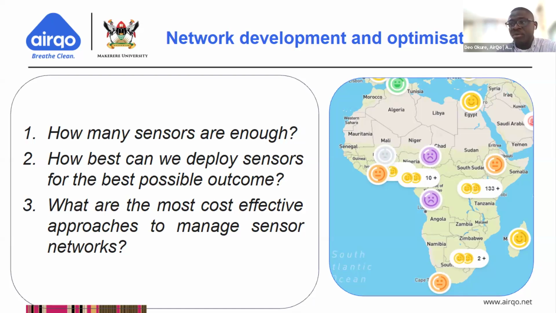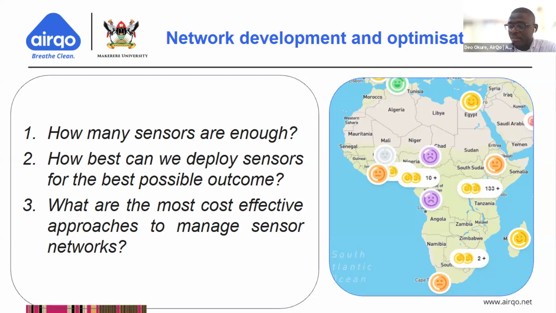In other words, you have a handful of sensors, so where do you place them to get the most? You can't have sensors all over the place, but how can you have an optimal deployment that delivers the best possible outcomes? And thirdly, what are the most cost-effective approaches to manage sensor networks?